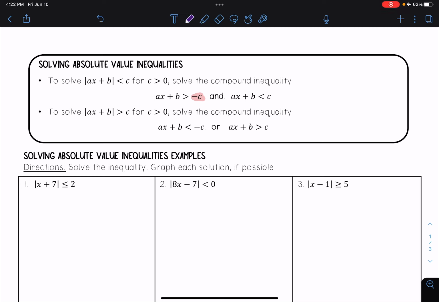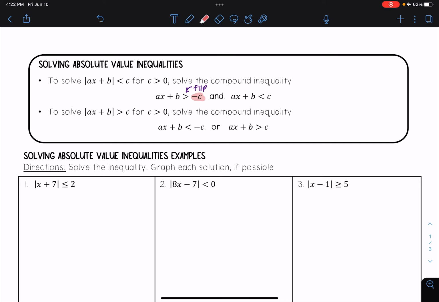But you'll notice here I also flip the inequality for the one where I'm changing the sign of the answer. Instead of it being less than, like it was up here, I'll flip it to being greater than. Then my second inequality is going to be the same thing from our original problem, at the opposite value.